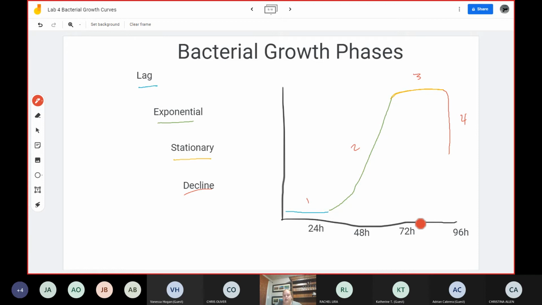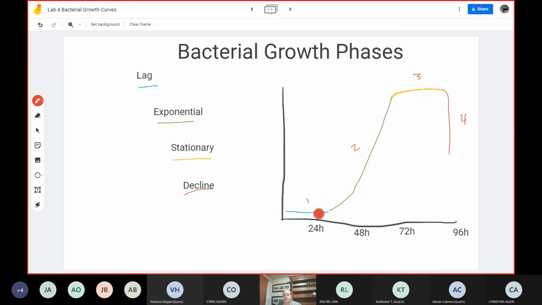And they will look like this variously. You can have extended lag phases. You could have your exponential phase closer over here. You could have an extended stationary phase. But those would be the 4 phases to know of your bacterial growth.